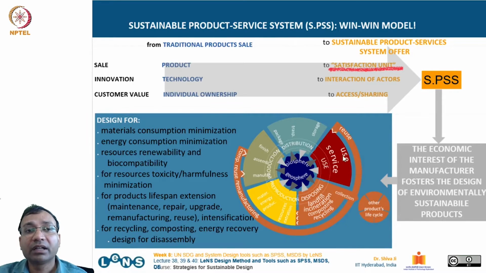For example, if it promotes reuse, then we can optimize the usage part, the services part. Further, on the collection part, with a responsible disposing system, it can avoid landfills and incineration. In a shorter period of time, the product can be utilized for a longer period of time.